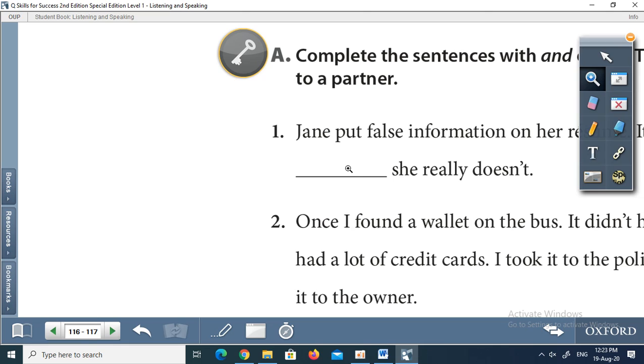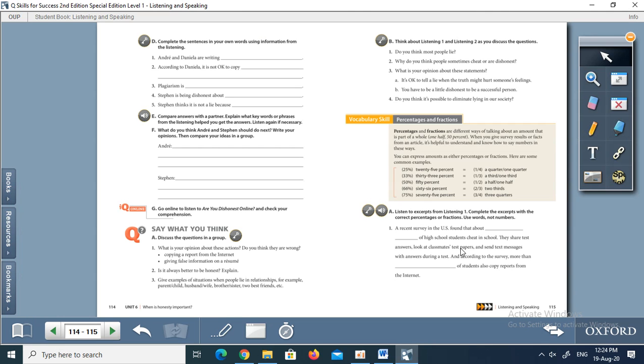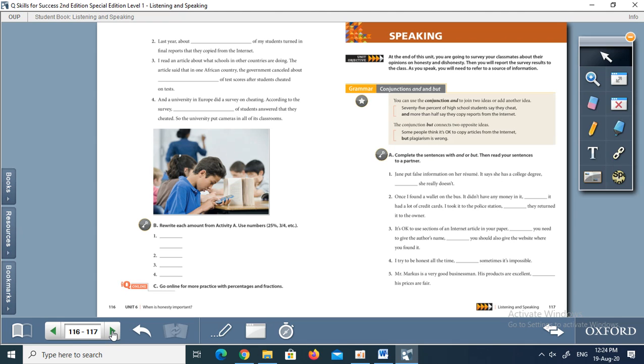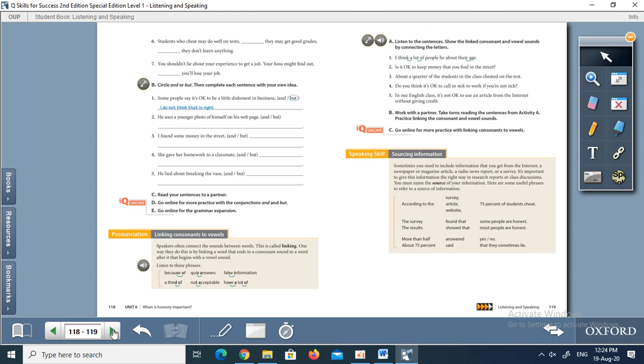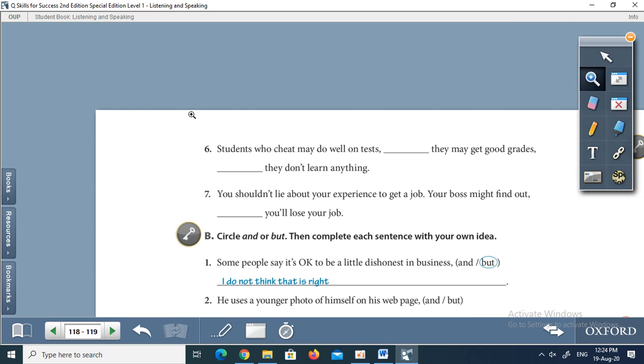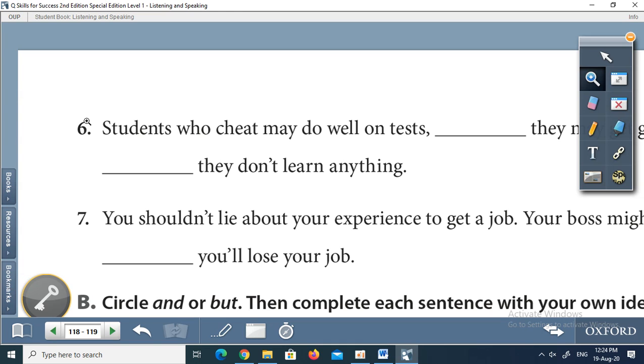Okay, gentlemen, I need you now to pause the video. What I want you to do is fill in the entire exercise on page 117, and remember, it also goes to the top of the following page, page 118. 6 and 7 are on the top of page 118.